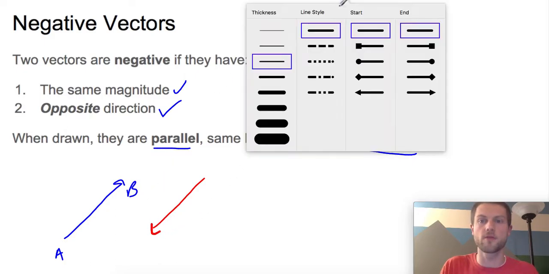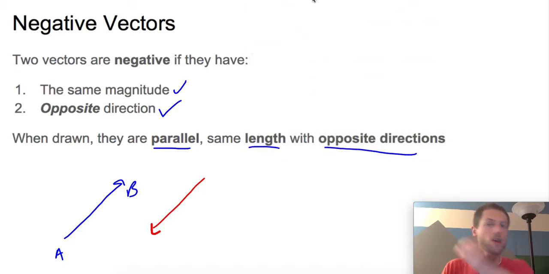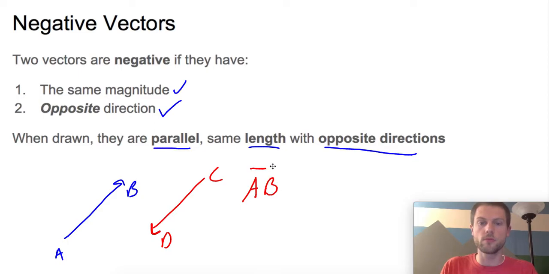If it is an opposite vector, or if it's a negative vector, it should emanate and terminate from two different spaces. So we can call this vector CD. So we would say that vectors AB and CD are negative vectors of one another. You could also say that vector AB is equal to negative vector CD.